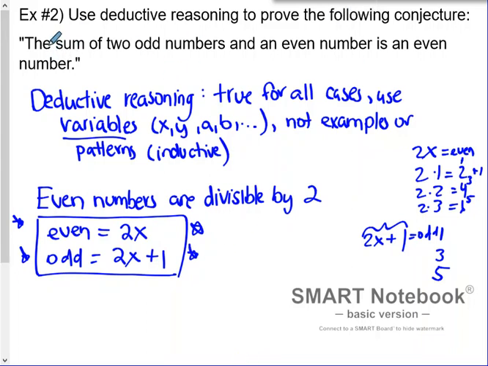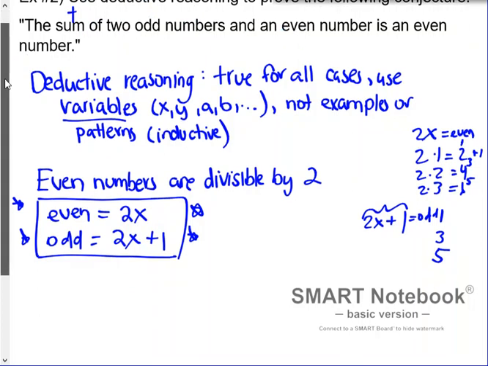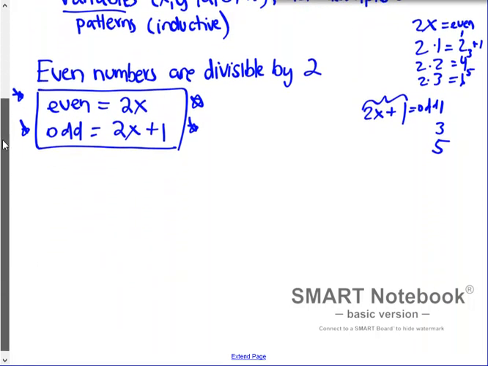Okay, so proving that the sum of two odd numbers and an even number is going to be an even number. Let's start. I want to add an odd number, another odd number, and an even number together and see if I can get an even number.